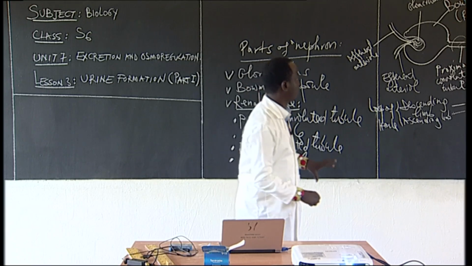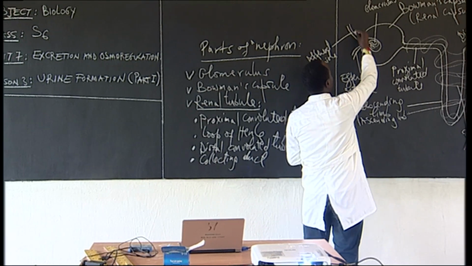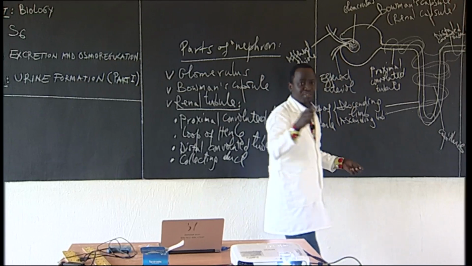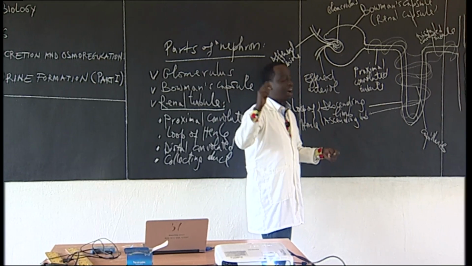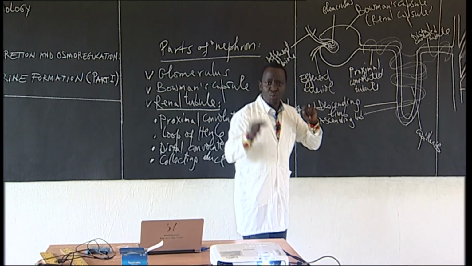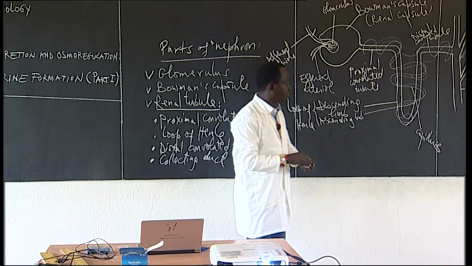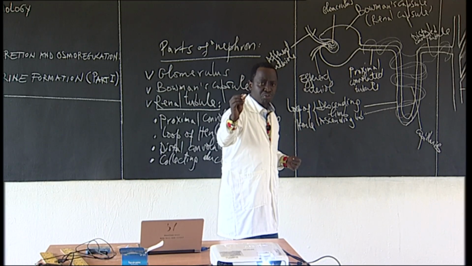Now, what is ultrafiltration? Suppose this vessel is called the afferent arteriole. When the blood comes, it contains different materials.